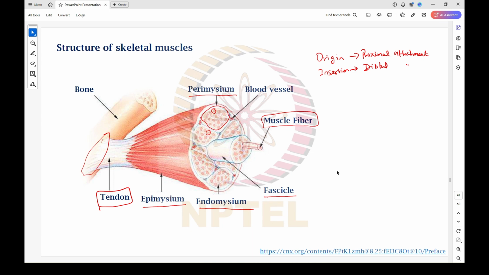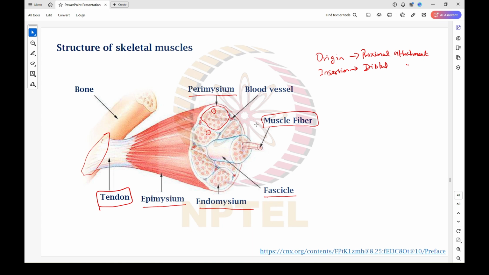Multiple muscle fibers come together to form a fascicle, and there are multiple coverings within these muscle fascicles: perimysium, which is the outer covering; endomysium, which is the spacing between individual muscle fibers; and epimysium, which covers multiple fascicles to make a skeletal muscle, a big muscle of sorts.